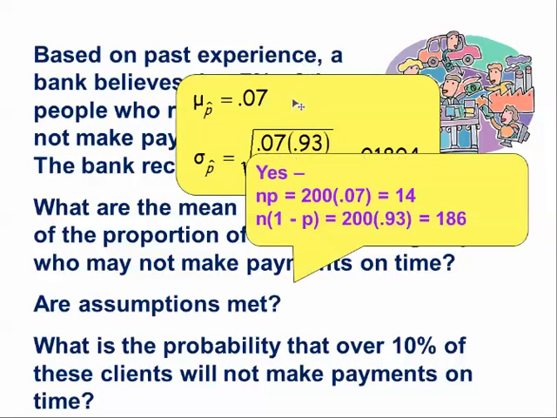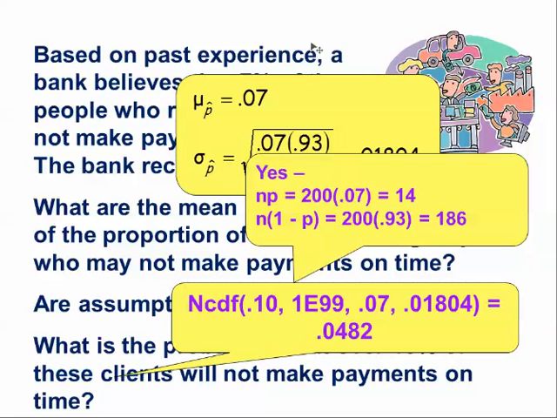So are the assumptions met? Well, what assumptions were we talking about? Well, sample size. If you take 0.07 times 200, you get 14, greater than 10. 0.93 times 200, and you get 186. Sample size is big enough for us to consider that our assumptions are going to be correct, and it's going to be a normal distribution.